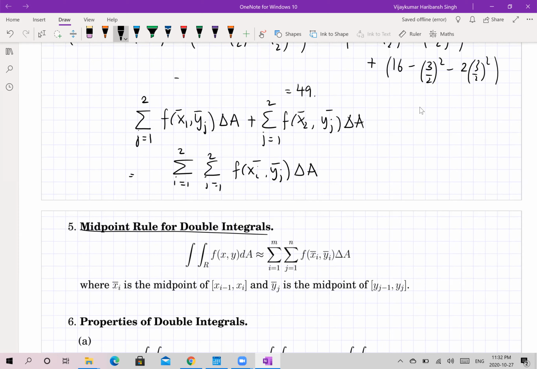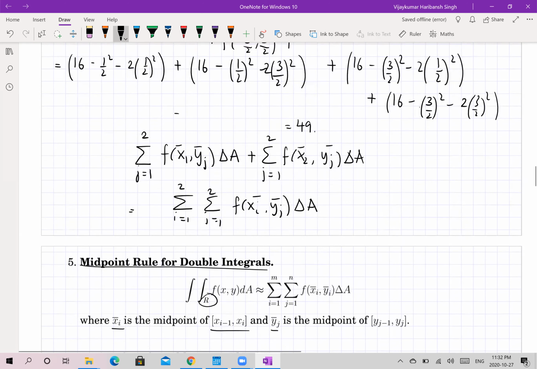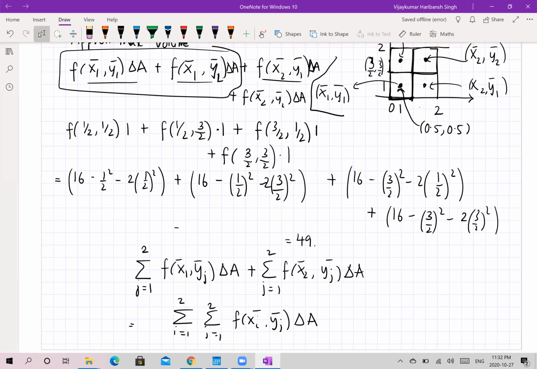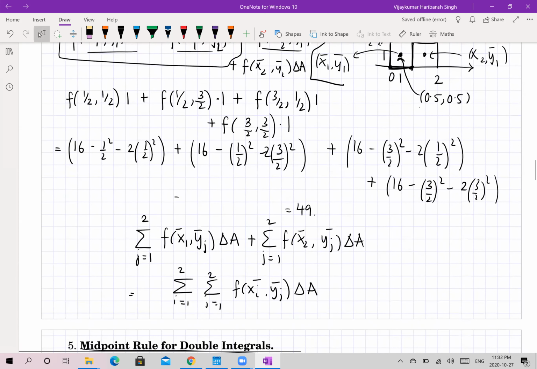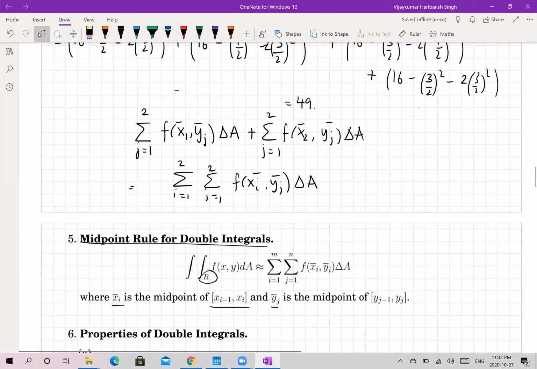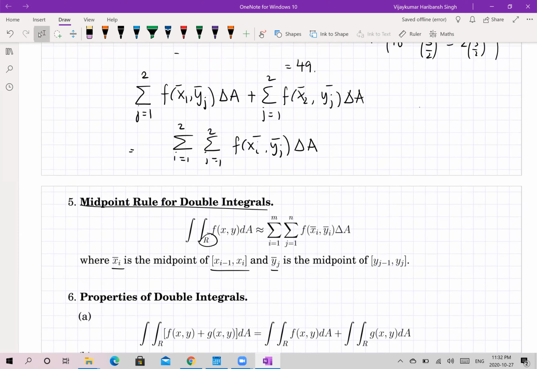So again, what is the midpoint rule? The midpoint rule is as follows. The integral over the rectangle R of f of xy dA is the same as the summation i going from 1 to m, summation j going from 1 to n, of f of xi bar yj bar delta a, where xi bar is the midpoint of the interval xi minus 1, xi, and yj bar is the midpoint of the corresponding y interval. In the example we have done, we generalized it: instead of two divisions on each side, you have m and n divisions.